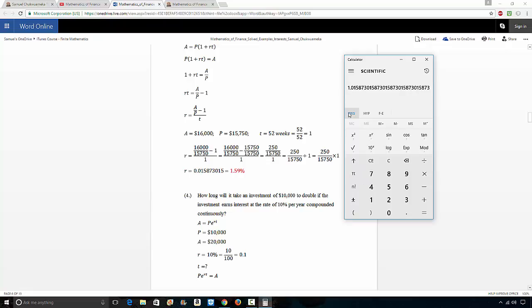Please, if the answer says round to 2 decimal places, then you might want to round your intermediate calculations to at least 5 decimal places. Okay, if you must round, then round it to at least 5 decimal places, so that by the time you do your final answer, it will be right with the 2 decimal places.